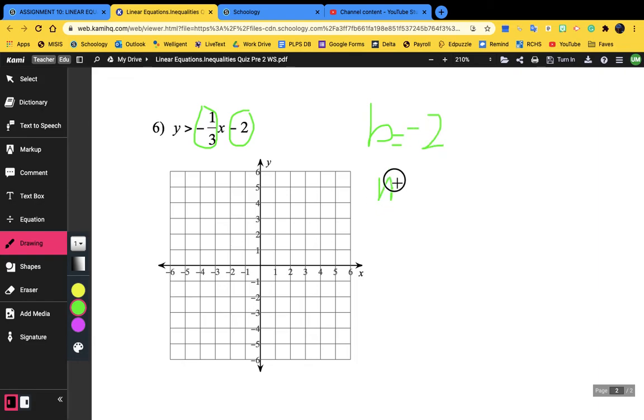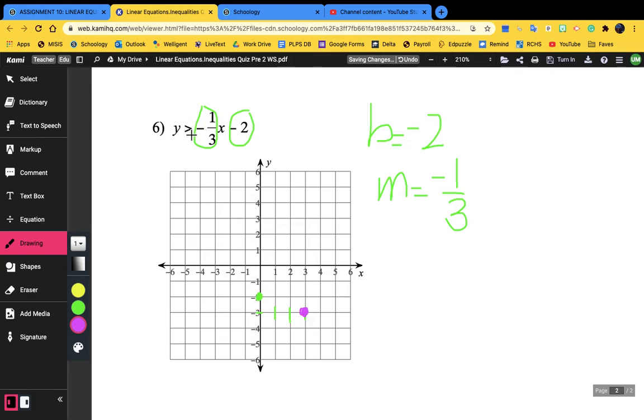My M is equal to -1 over 3. So my B, that means on my y-axis, I'm going to go down to -2, which is right there. All right, -2. And I'm going to go down 1, -1 over 3. Down 1 and over 1, 2, 3. And that is where my other point goes.